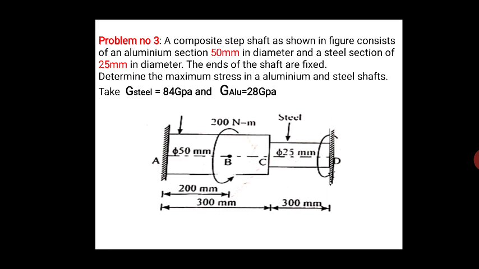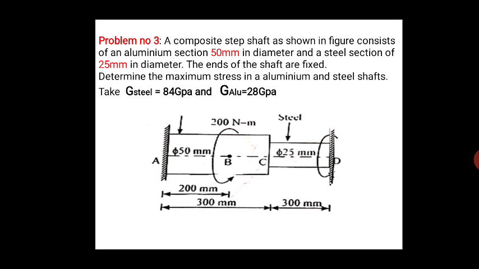Now the composite shaft is fixed at either end. Considering this, we need to solve the problem and determine the deflections as well as the maximum stresses in the two bars, that is the steel bar as well as the aluminium bar.